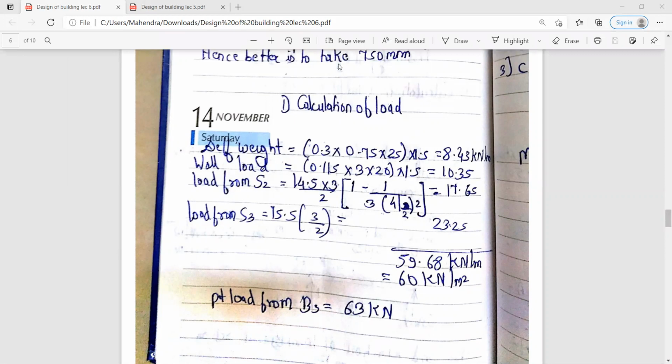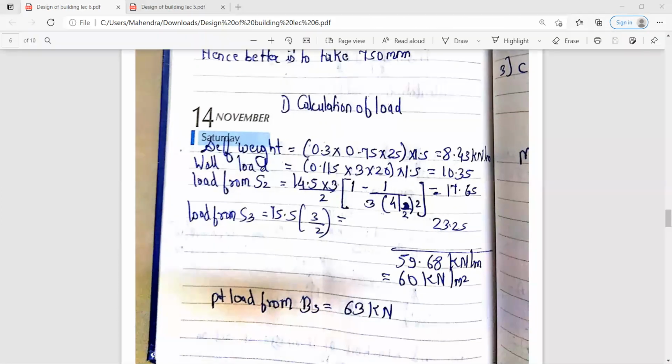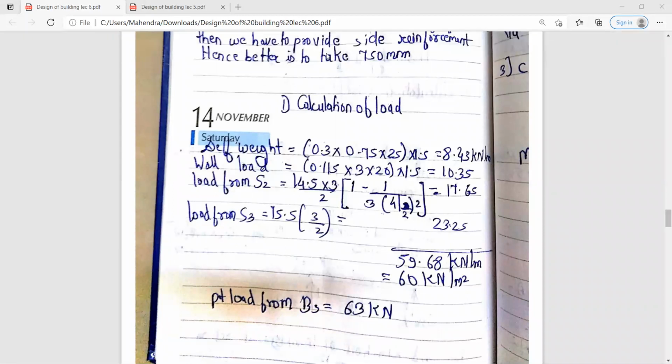If you are having any of the doubts, you can ask in these loading calculations for the beam B7. Yes, Faraz, Abhiraj, did you understand? Yes, are you there or not?